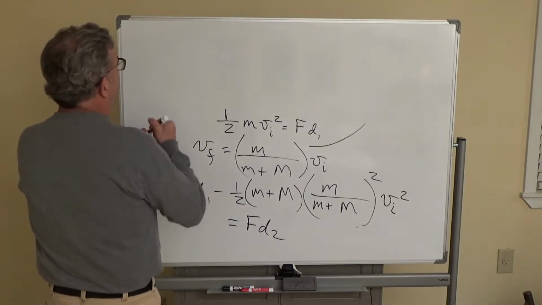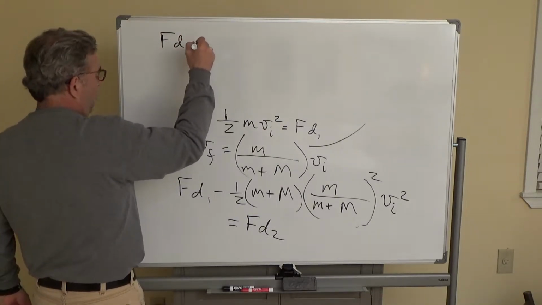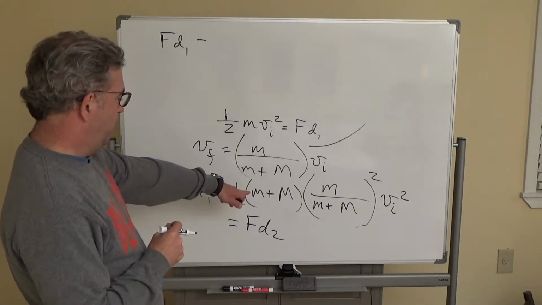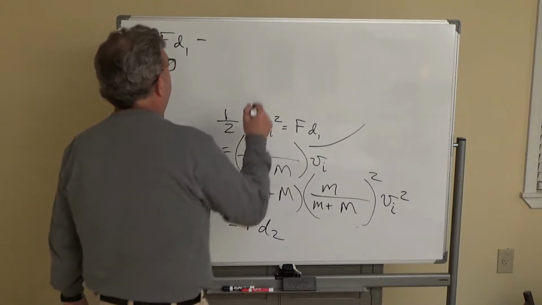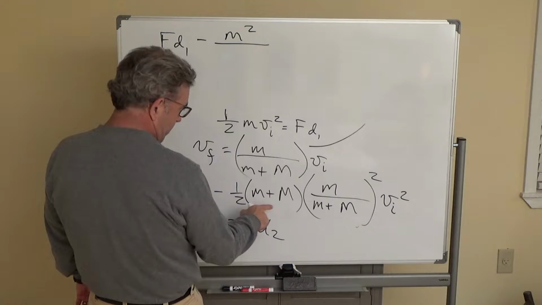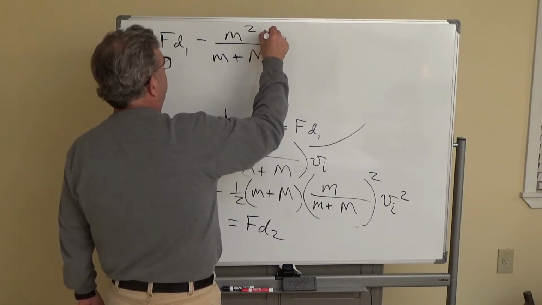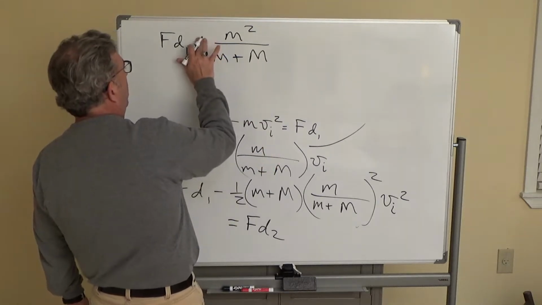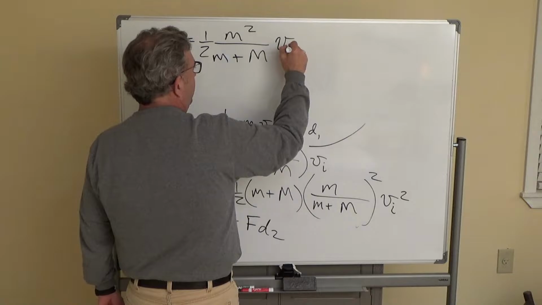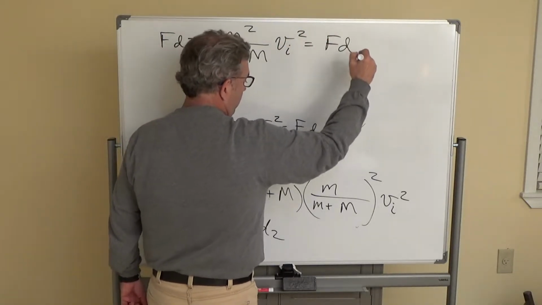So rewriting this, I'll clean it up a little bit. I get FD1 minus M squared divided by little m plus big M, and I still have the 1/2, times V initial squared, and that's FD1.